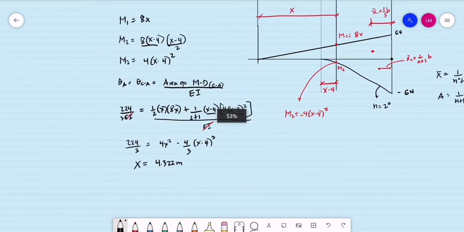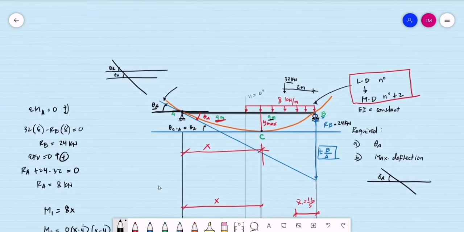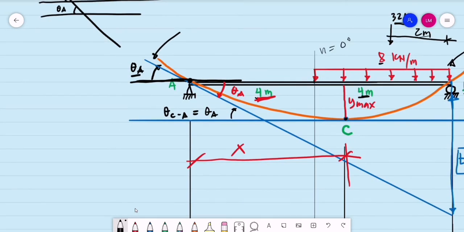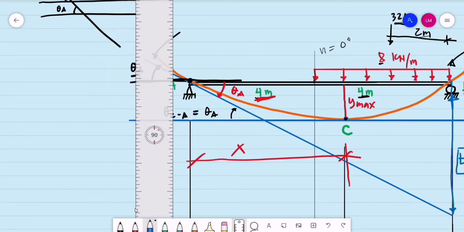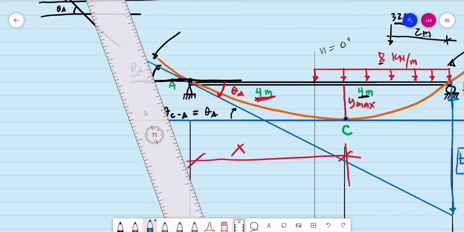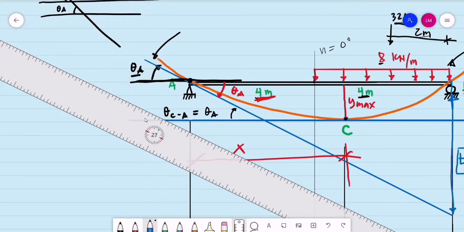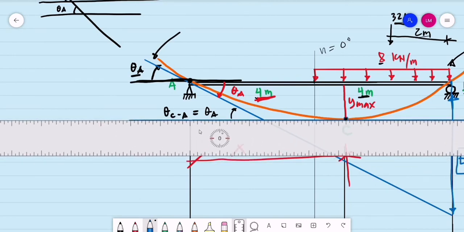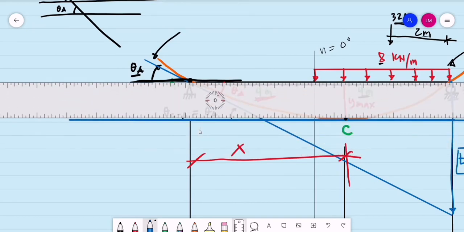It is more than half of the length of the beam. Now, if we are to observe this tangent line, for us to compute for the maximum deflection, consider the tangent line intersecting point C and the horizontal axis of the beam.